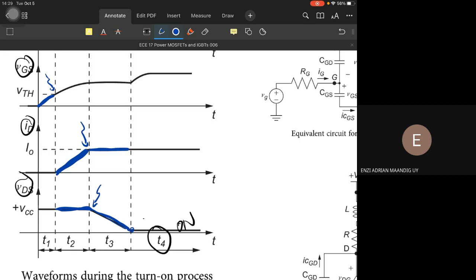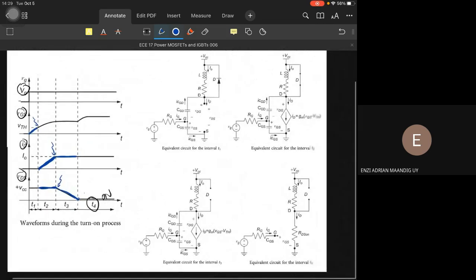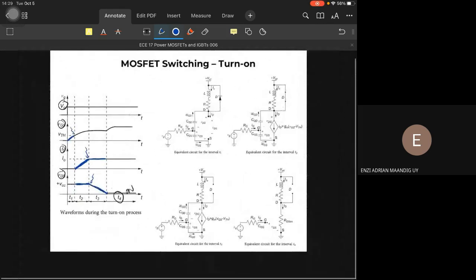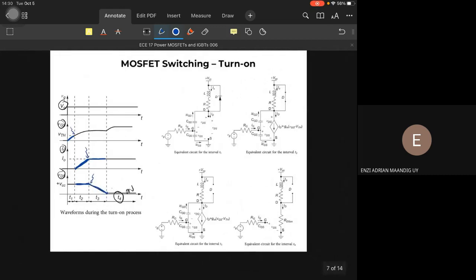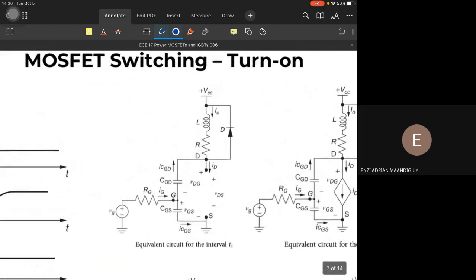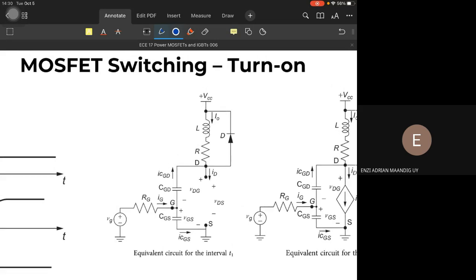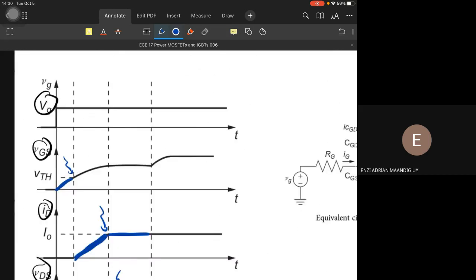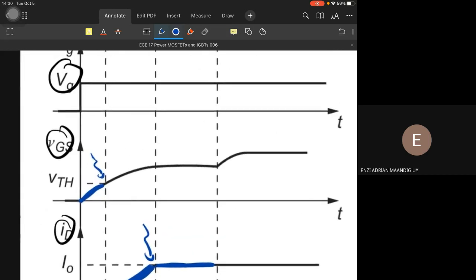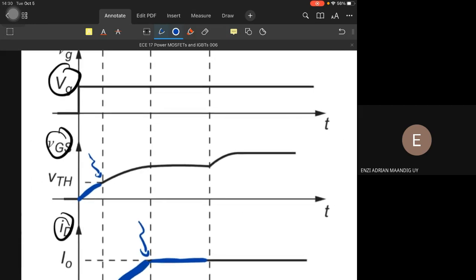So I think it's easy to visualize. Our test circuit earlier, this one. For each transition or each phase, there is a different equivalent circuit. So at interval T1, VTH has not been reached yet, VGS has not reached VTH.